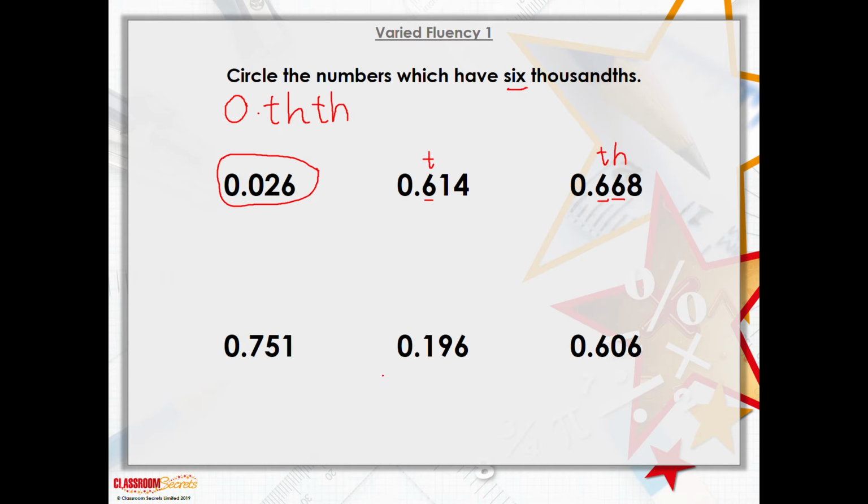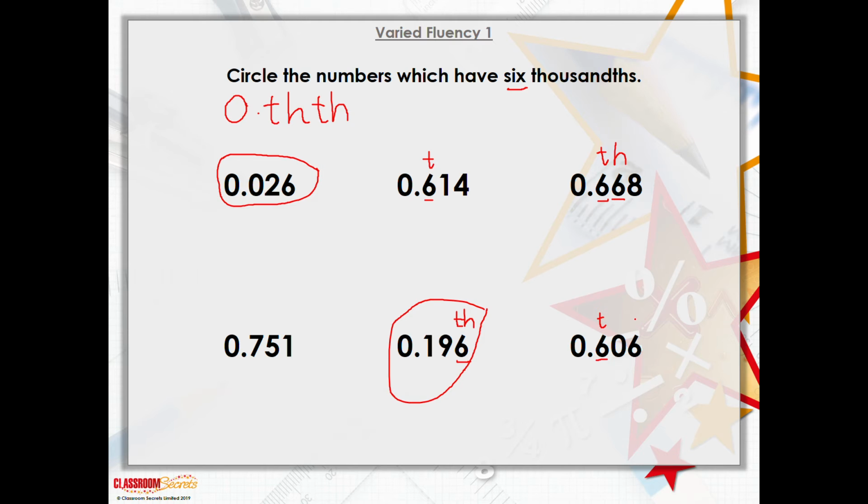In this number 0.196, we have a digit of 6, and yes, it is in the thousandths column. So this one will need circling as well. And then finally we have 0.606. 2 6s here. The first 6 is in the tenths column.